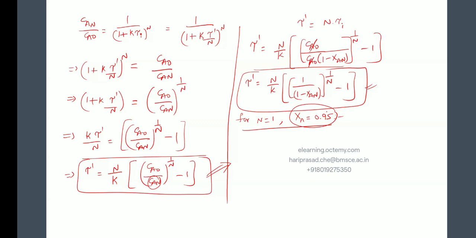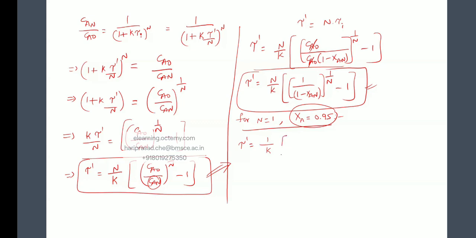If I substitute these values in the above expression, what can I get? Tau dash is equal to n by k, 1 by k, because n is the number of reactors. So for the first reactor, it is 1 by k, 1 by 1 minus conversion 0.95, whole to the power of 1 by 1 minus 1.